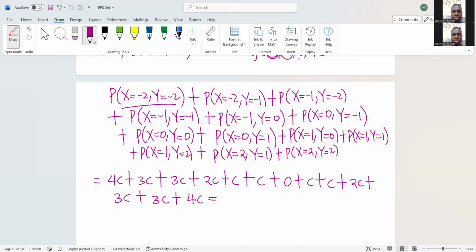Therefore, this is equal to 28C, and this is the same as 28 over 40.